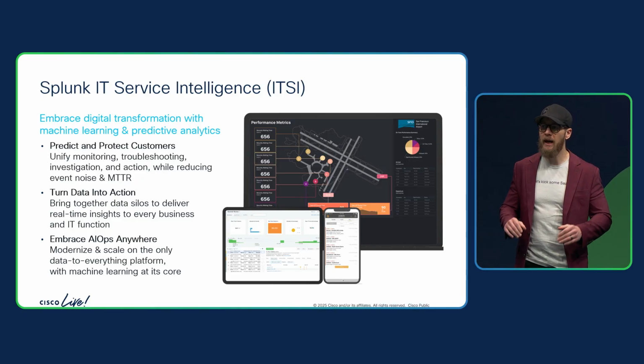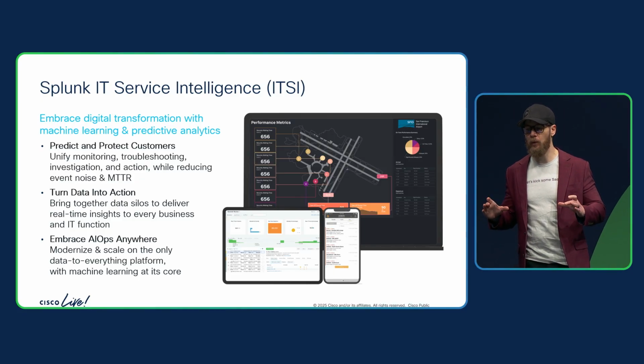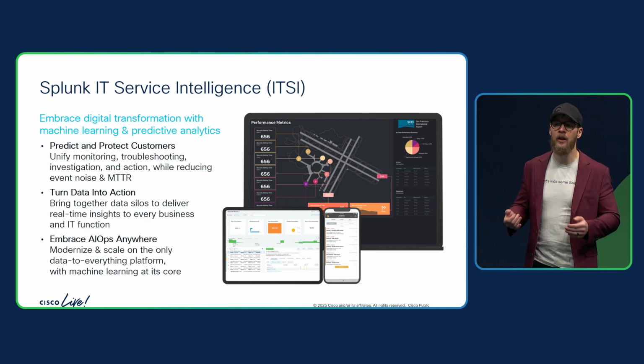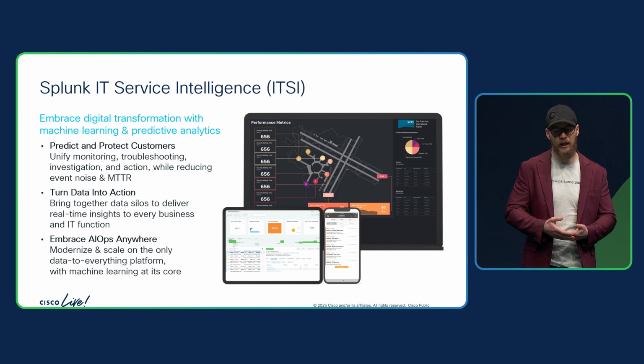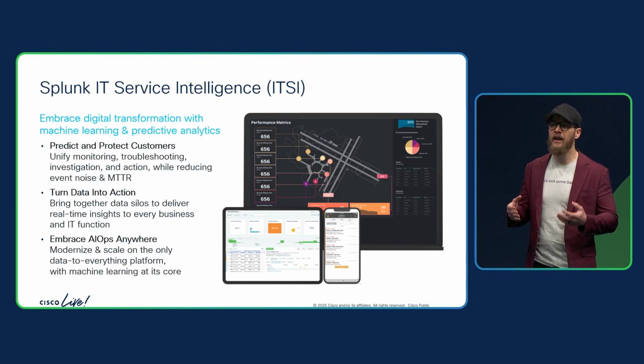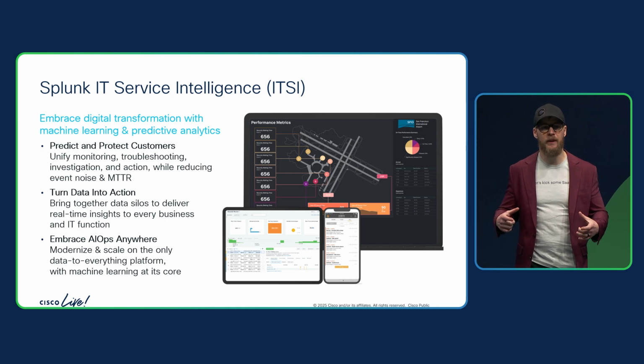Now, all of those actionability capabilities that I was talking about are going to be in what's called IT Service Intelligence, or ITSI. That's a premium app sitting on the core Splunk platform that allows you to get a lot of insights into your data about your technical services, your business services, how they interact with each other, as well as that optimized incident management experience.